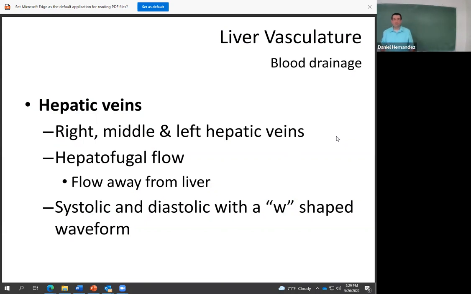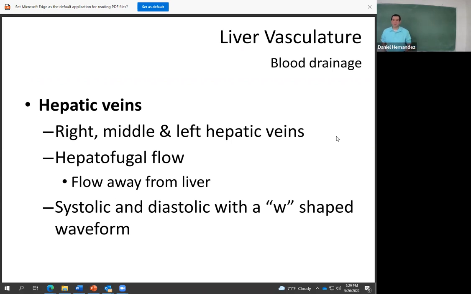So what goes in must come out. That's a golden rule for vascular. When we have blood flow going into something, blood flow ultimately has to exit that structure. So when we're talking about the liver, the drainage for the liver is going to be our hepatic veins. We have three hepatic veins: a right, a middle, and a left hepatic vein.